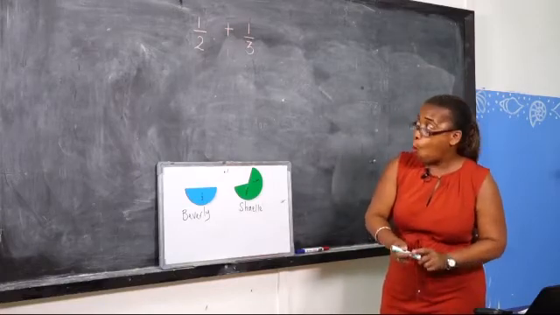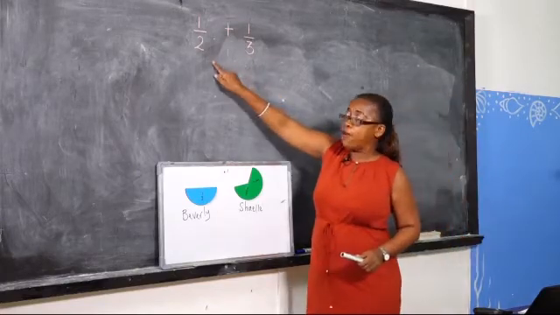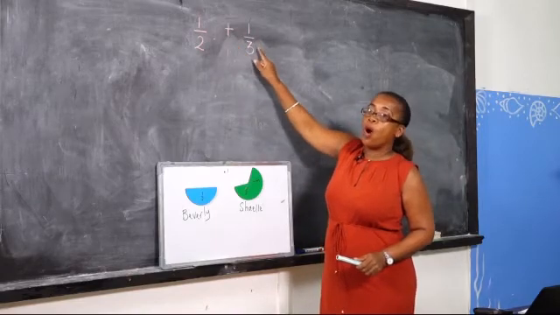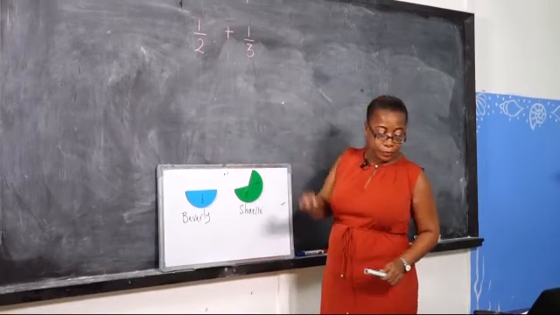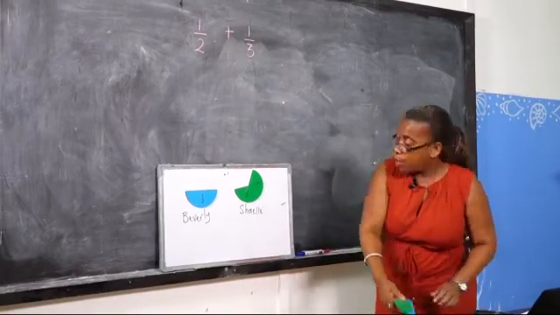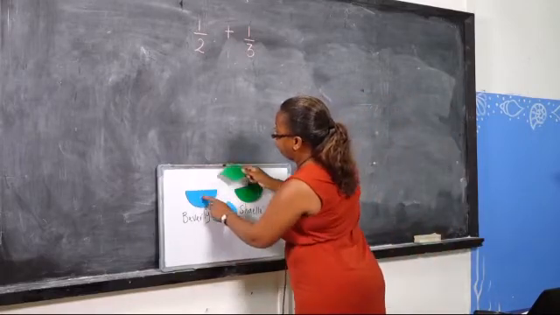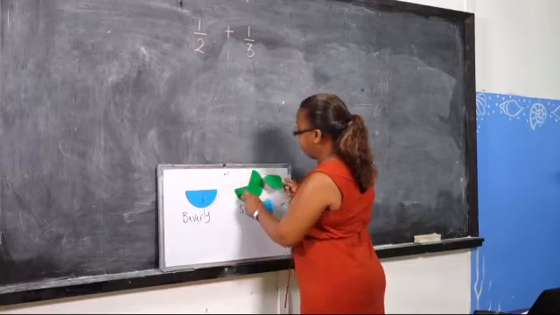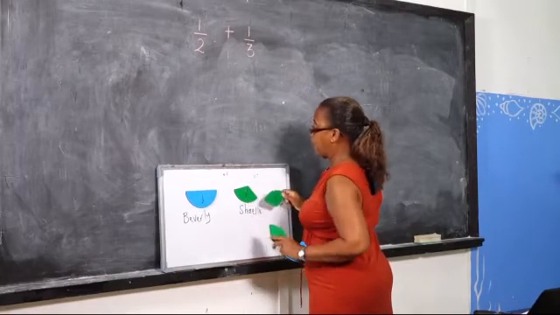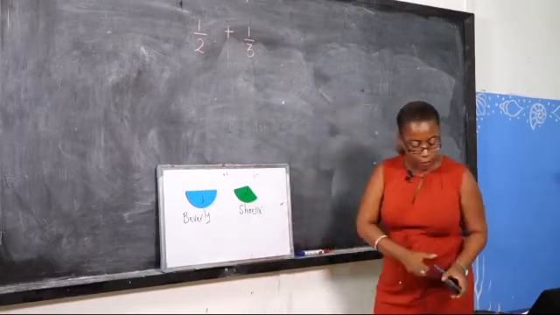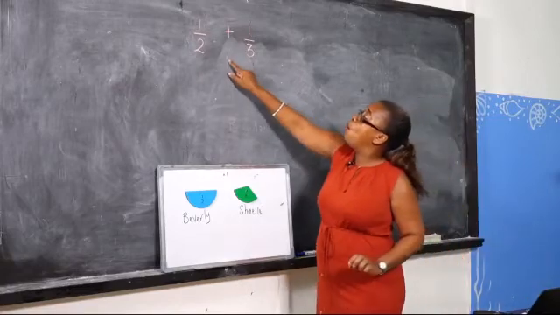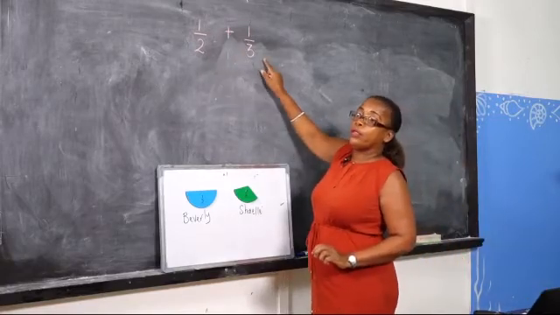We have 1/2 plus 1/3. Okay, 1/2 plus 1/3. This is what Beverly ate and what Charles ate. Then here we represent it here, 1/2 plus 1/3.